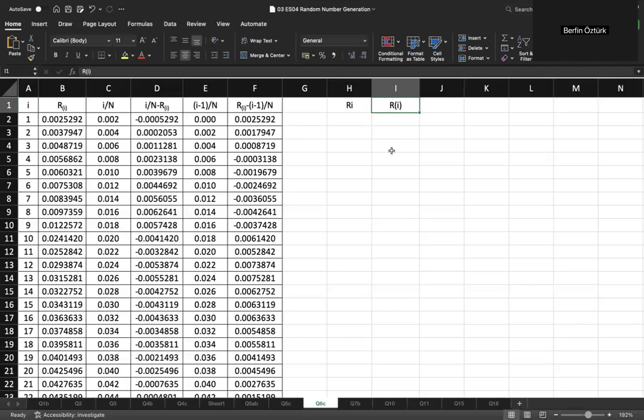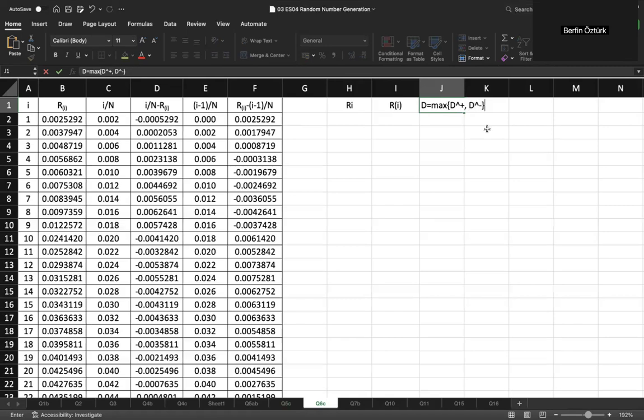Okay, so after finding those D plus and D minus values, we compute the test statistic D, which is, let me write like this, the maximum of D plus and D minus.